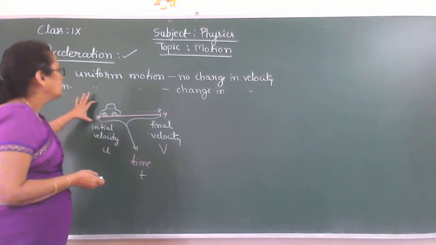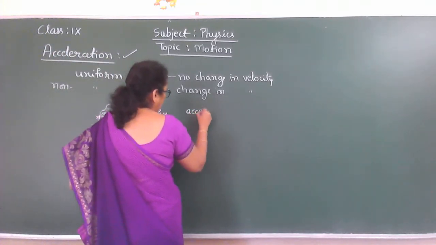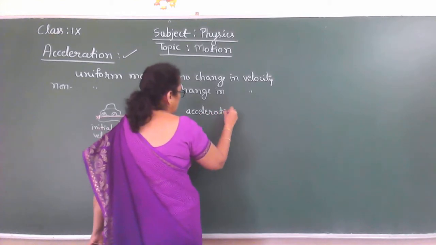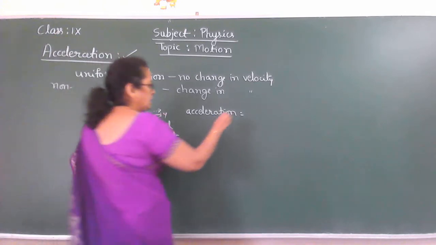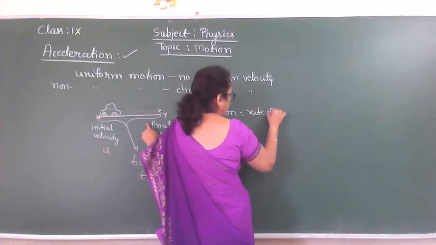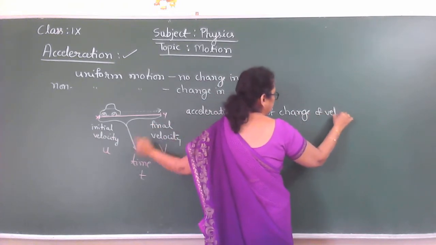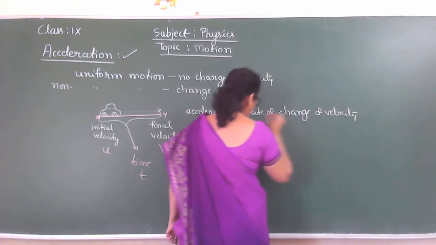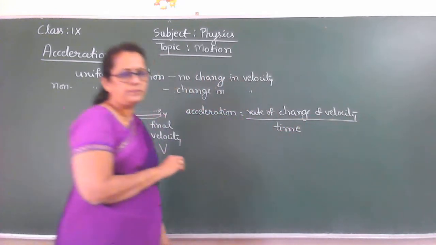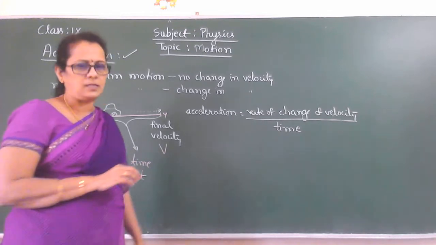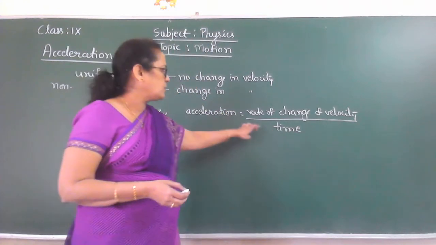Now, the acceleration definition is: acceleration equals rate of change of velocity with respect to time. So acceleration is defined as the rate of change of velocity with respect to time.